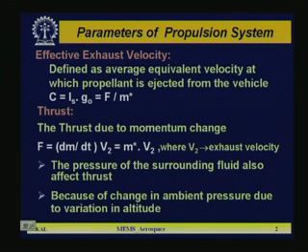The pressure of the surrounding fluid also affects thrust, because of change in ambient pressure due to variation in altitude. You see, with altitude the ambient pressure is going to change, and because of the change in ambient pressure, the total value of the thrust will be changed, because the exhaust velocity with altitude is going to change. Okay, because ambient pressure is different with altitude.